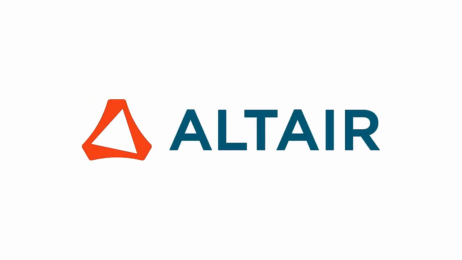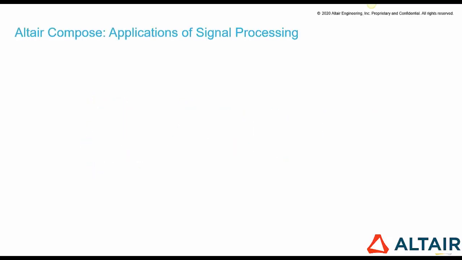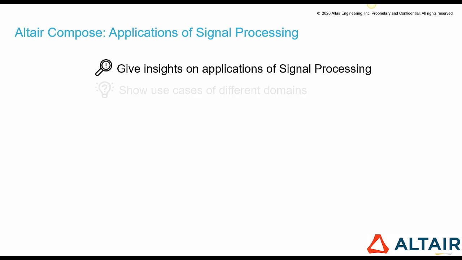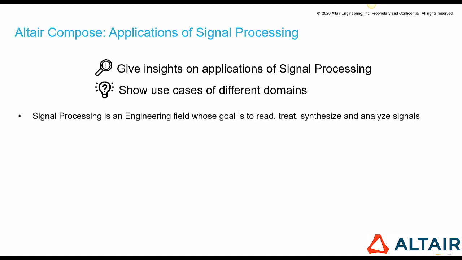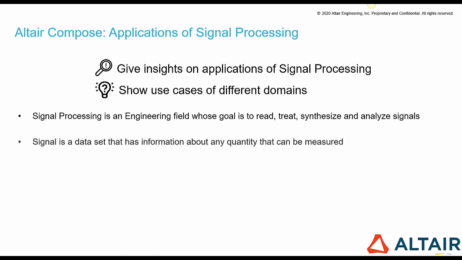This video will give insights on applications of signal processing and show some use cases of different domains with Altair Compose. First of all, signal processing is an engineering field whose goal is to read, treat, synthesize, and analyze signals. And a signal is a data set that has information about any quantity that can be measured.